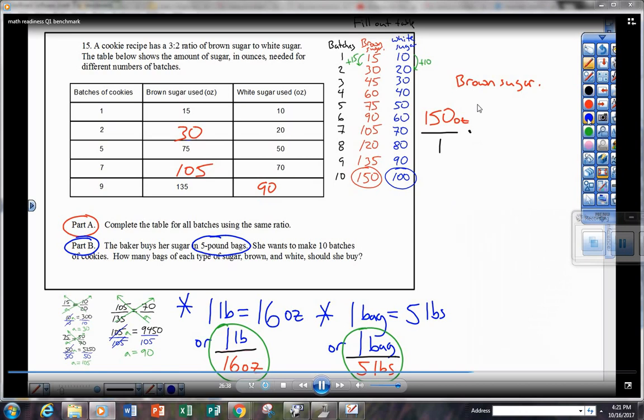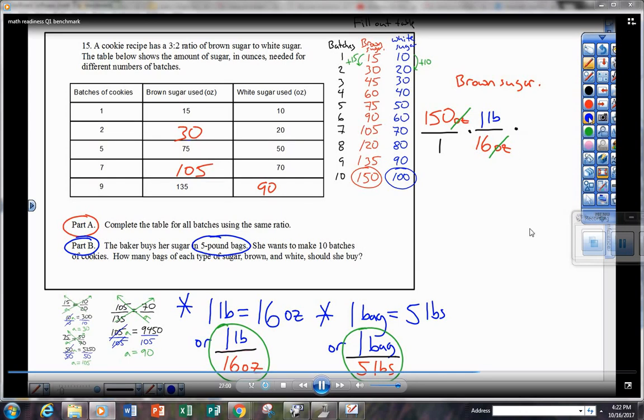I'm going to use 1 pound over 16 ounces. I want my ounce units on top and bottom of this fraction line to cancel away. So that's why I don't use 16 over 1. I use 1 pound over 16 ounces, which makes my ounce units cancel. And then I do one more conversion for the pound to bags.